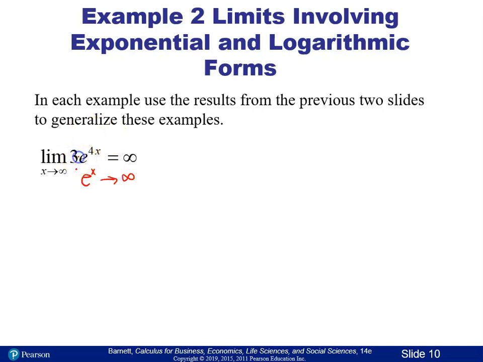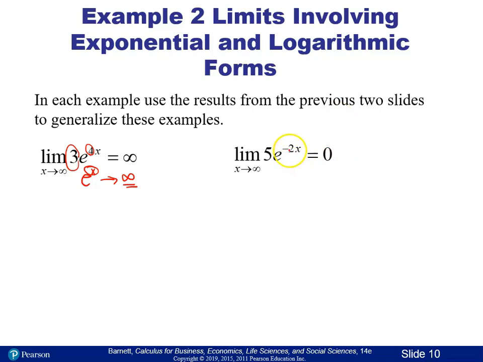So multiplying it by 3, or even throwing another number in here, is not going to keep it from going to infinity. If anything, it's going to cause it to go to infinity faster. We don't really judge how fast it goes. We just need to know where it's going. So it's going to infinity, and these values here are just increasing the speed of how fast that occurs.